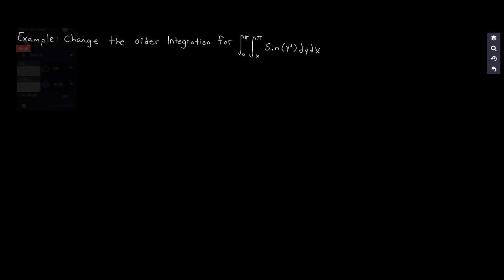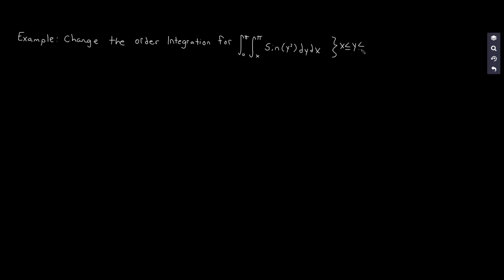The first thing is that x is less than or equal to y, and y is less than or equal to pi, right? So y is in between x and pi. And it also tells me that 0 is less than or equal to x, and x is less than or equal to pi. In other words, x is between 0 and pi.